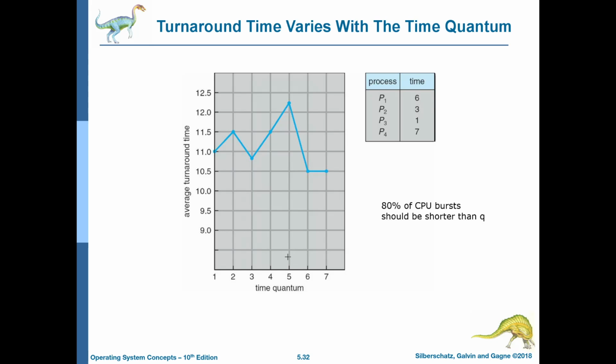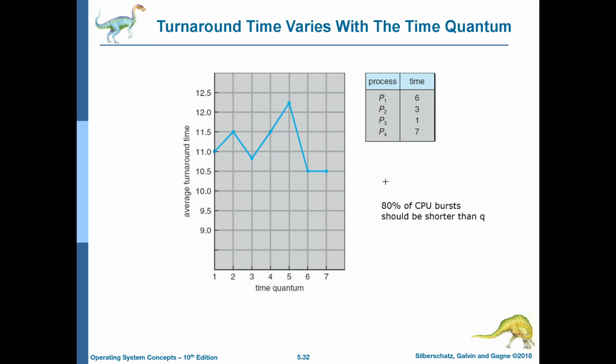With a time quantum of 5 here, we can see that it actually has its largest turnaround time as opposed to a time quantum of 3. So it's a good idea to adjust this or have a value that works for the particular system.